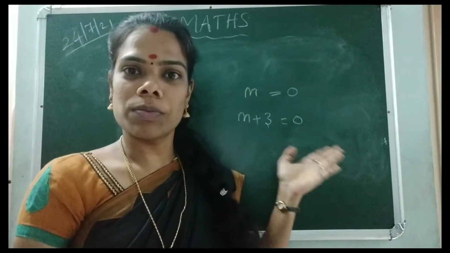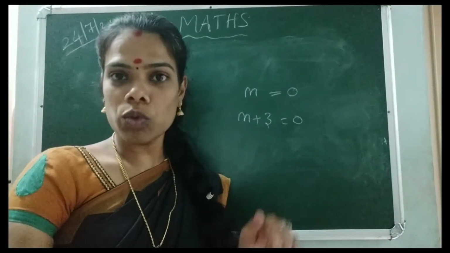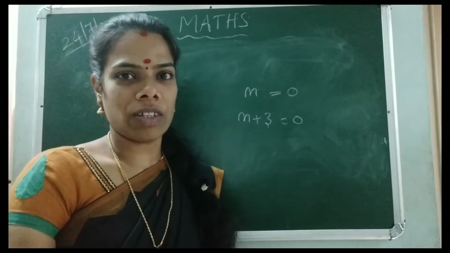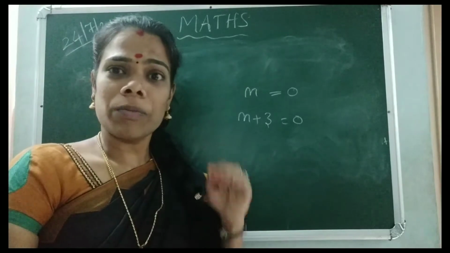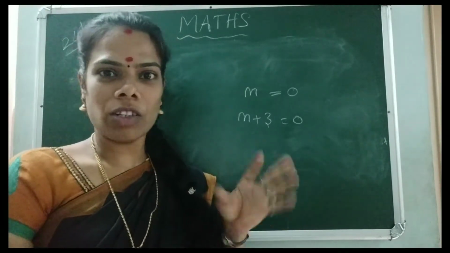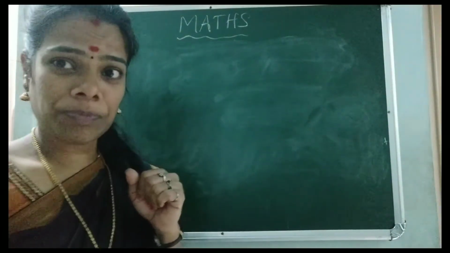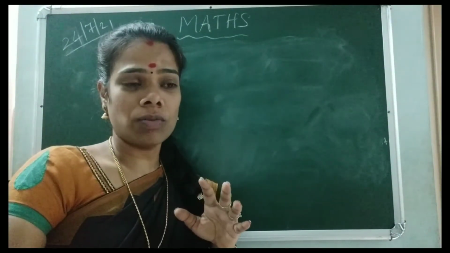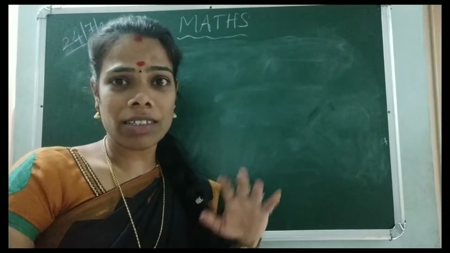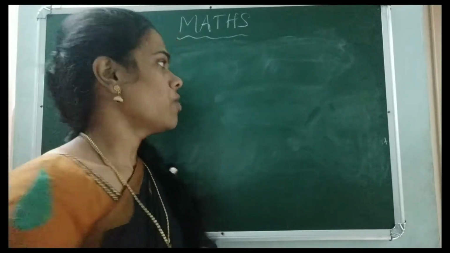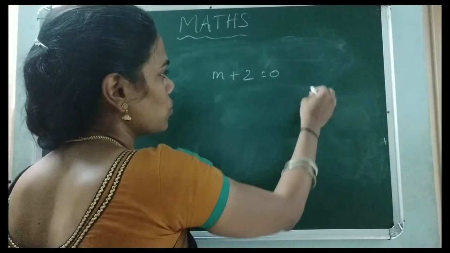Okay, so that's it. Now we can move to how to solve an equation, but before that you have to know whether it is an equation or not. First you have to practice checking whether something is an equation or not, or whether a value is a solution or not. For example, take m plus 2 equal to 0.